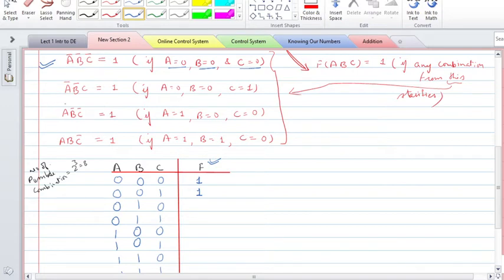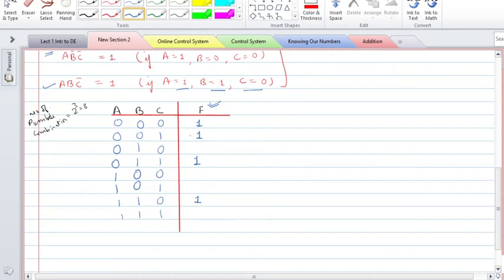And for the third term, if A equals 1, B equals 0, and C equals 0, that is this one. And the fourth is when A equals 1, B equals 1 and C equals 0, that is this one. For the rest of the inputs, the function will give a 0. So this is the complete truth table.